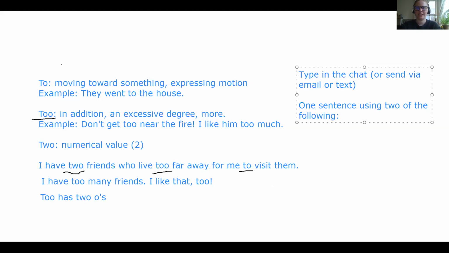I'm trying to make the sentence really clear. To, too, or two. All right, let's have about 3 minutes here, and I'll watch the chat to see how you all are getting on with that.